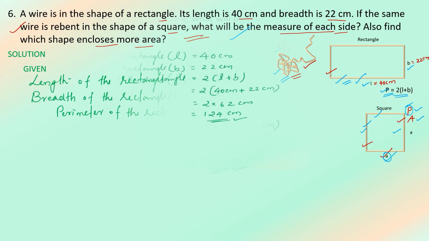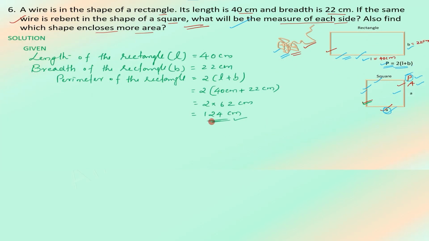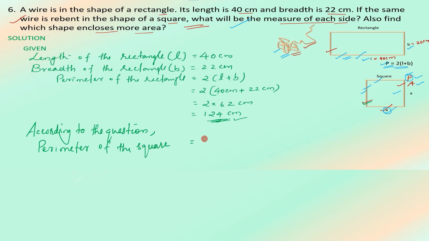And from the question we know perimeter of the square is the same as perimeter of the rectangle. So we can write, according to the question, perimeter of the square equal to perimeter of the rectangle.